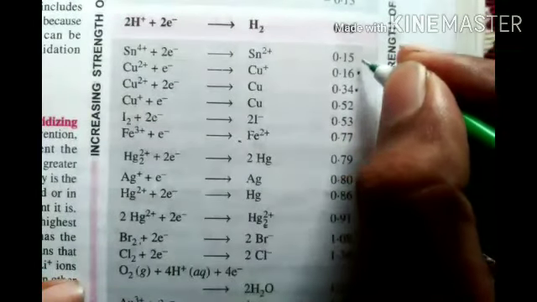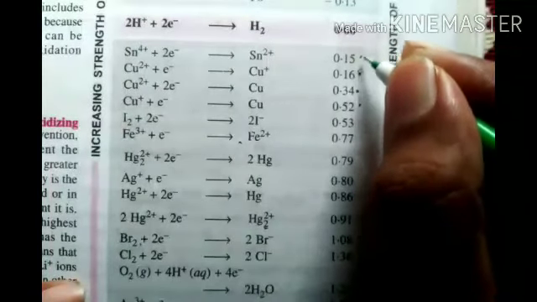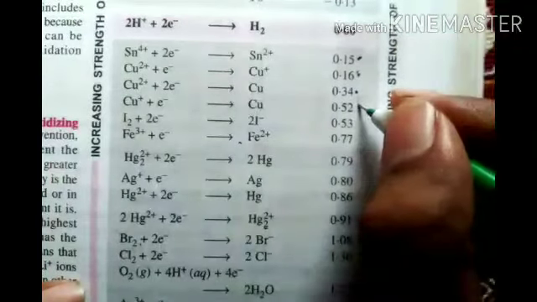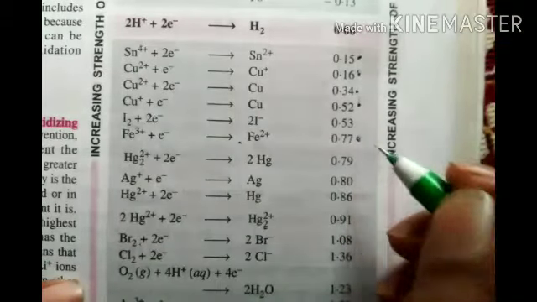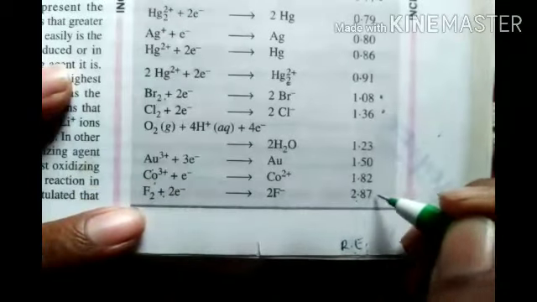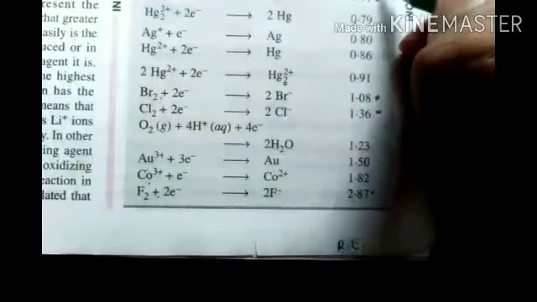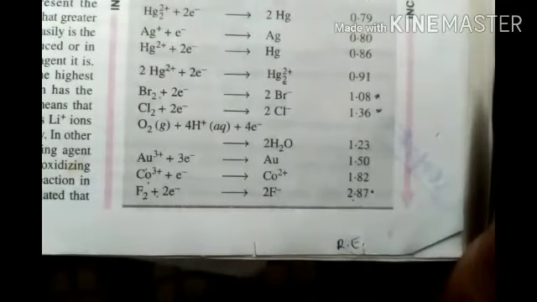Without copper, no chapter. Sorry, downside, these three. Tin is not needed, but okay, take it. Fe, and Br, Cl, Fe must. Iodine also. Iodine, where is it? Here. These all are very important.